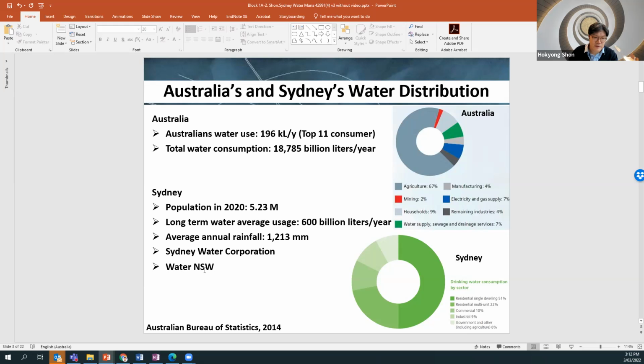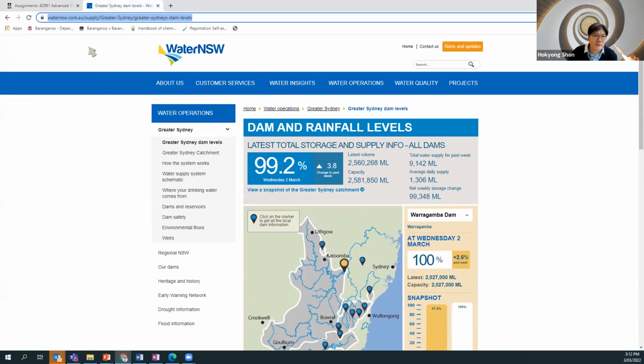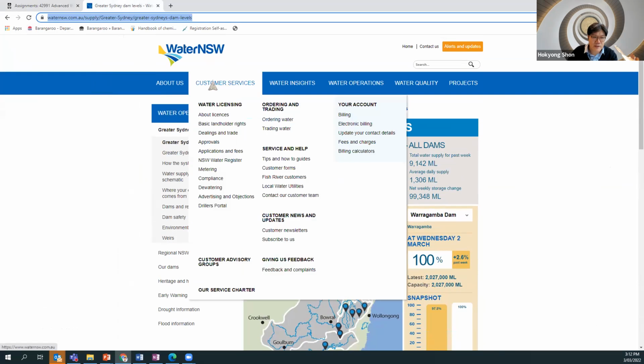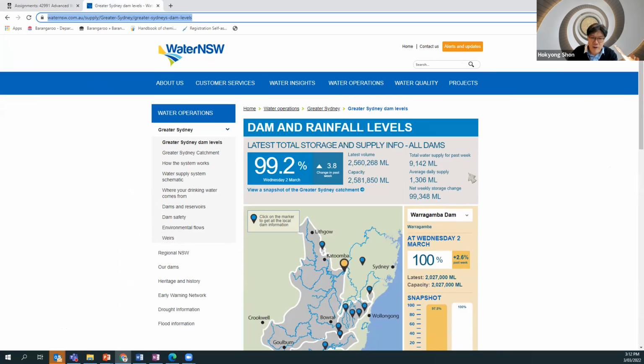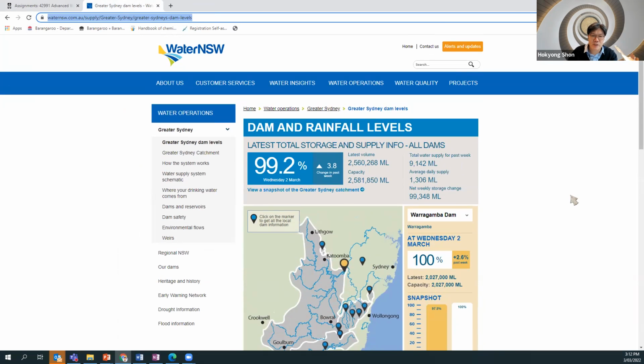And this is the New South Wales, as I already showed on the website here. This is the website of Water New South Wales. They cover more about bulk water, dam water, and river water in New South Wales. Sydney Water is more about drinking water, wastewater, overall waste management, and the treatment process.